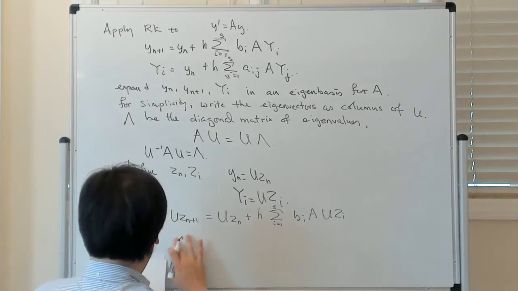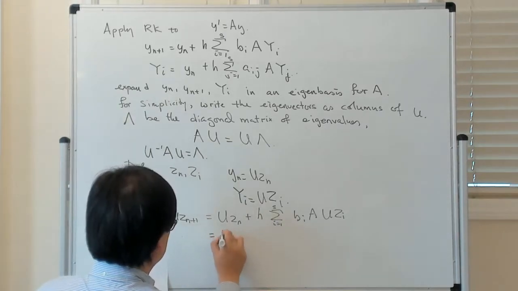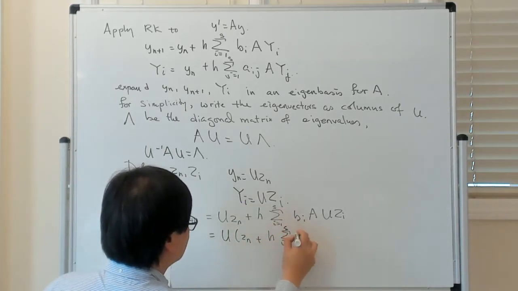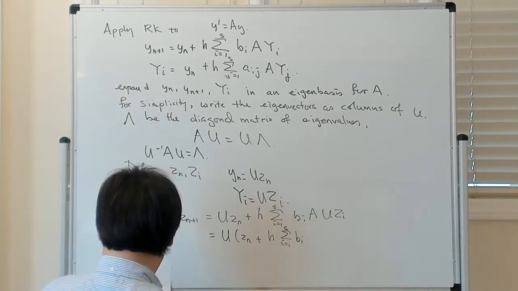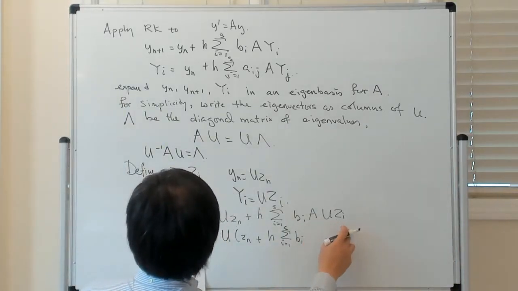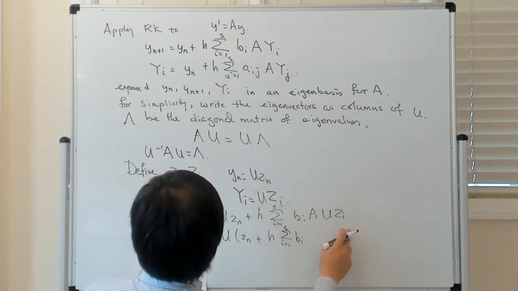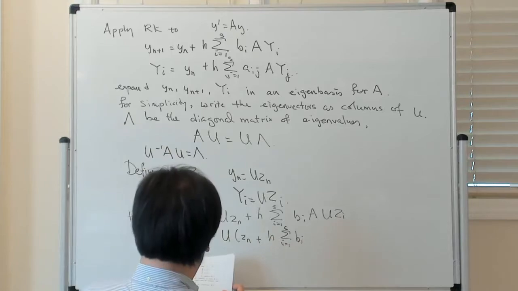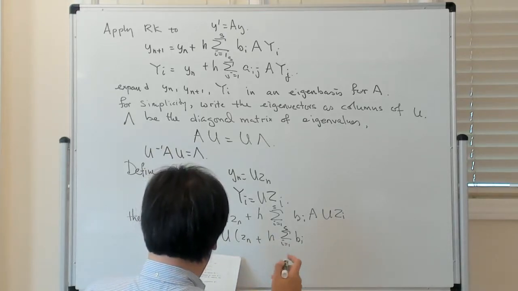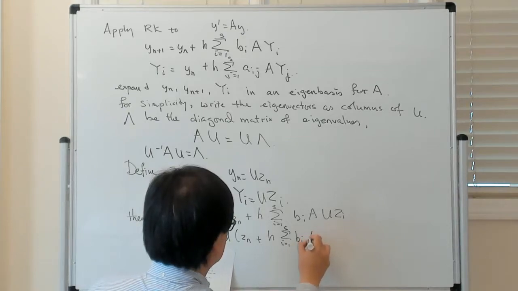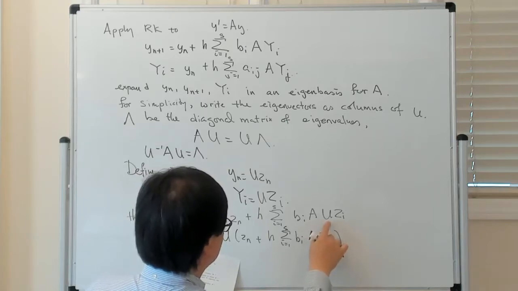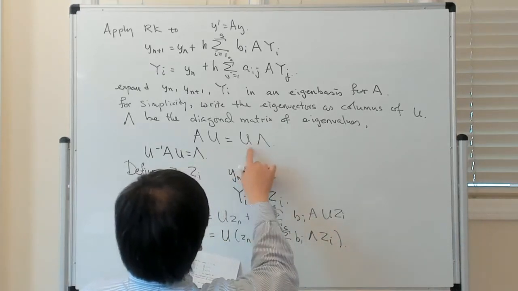Alright, so let me simplify this a little bit more. This is equal to U z_n plus h times the sum i equals 1 to s of b_i, and U times Z is equal to lambda times Z. Okay, because I have A times U, and A times U is U times lambda.